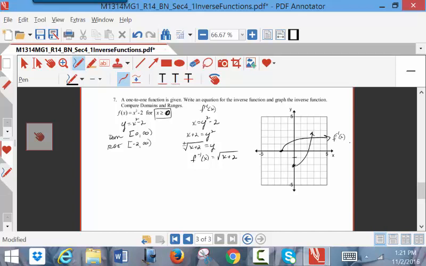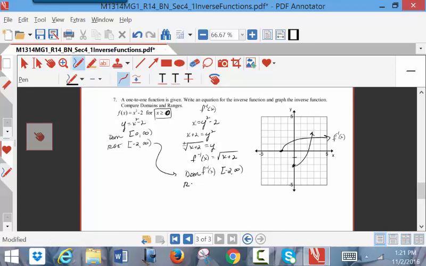So now, from my inverse, I can either look at the graph or, to find the domain and range, I can just switch them from the original function. So I can say the domain of my inverse is, oh yeah, the range of the original. So it must be -2 to infinity.